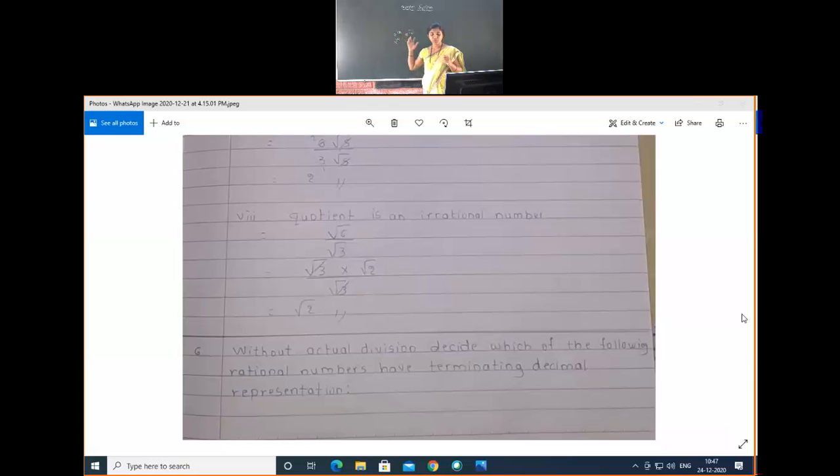If the denominator's prime factorization is in the form of 2 raised to m into 5 raised to n, then we can say that the given rational number is a terminating rational number. Otherwise, it is not a terminating rational number. Okay, I'll explain this problem with page sharing, students. See here.